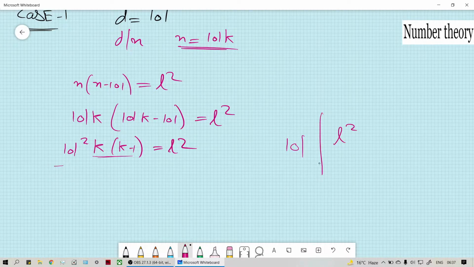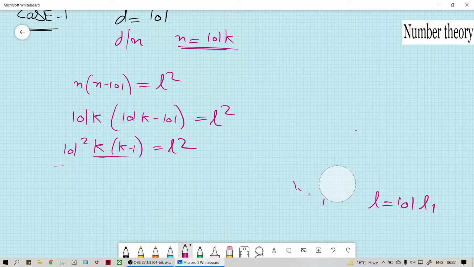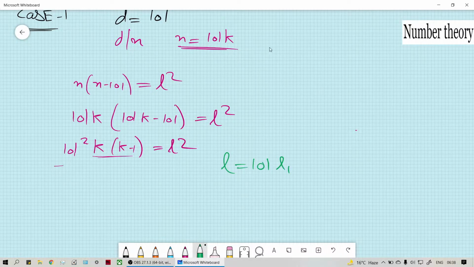Now since 101 is a prime, and if p divides L square, then p has to divide L. Similarly 101 then divides L, so now L can be written as 101 L1, so L is equal to 101 L1.